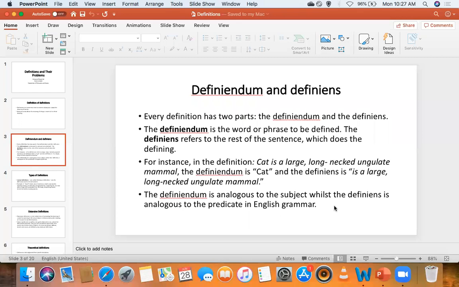So for instance, in the definition, cat is a large, long-necked, ungulate mammal, the definiendum will be cat. And then the definiens will be is a large, long-necked, ungulate mammal. So the definiendum is analogous to the subject, whereas the definiens is somehow similar to the predicate in English grammar.